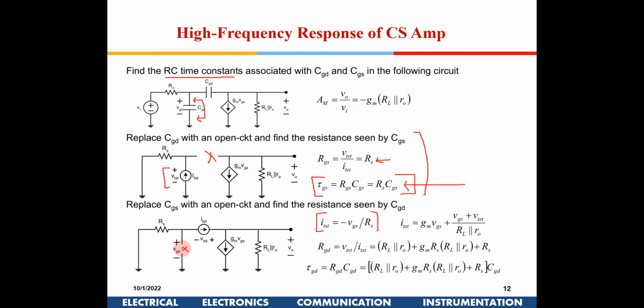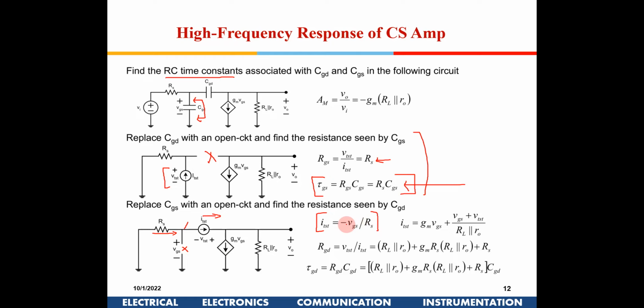Although I have kept it open circuit, there will be a voltage at this node, right. And that voltage will be nothing but I test current into minus VGS RS, because I have taken the direction of the current in this direction. So this becomes minus VGS RS. Is this equation clear to all of you?